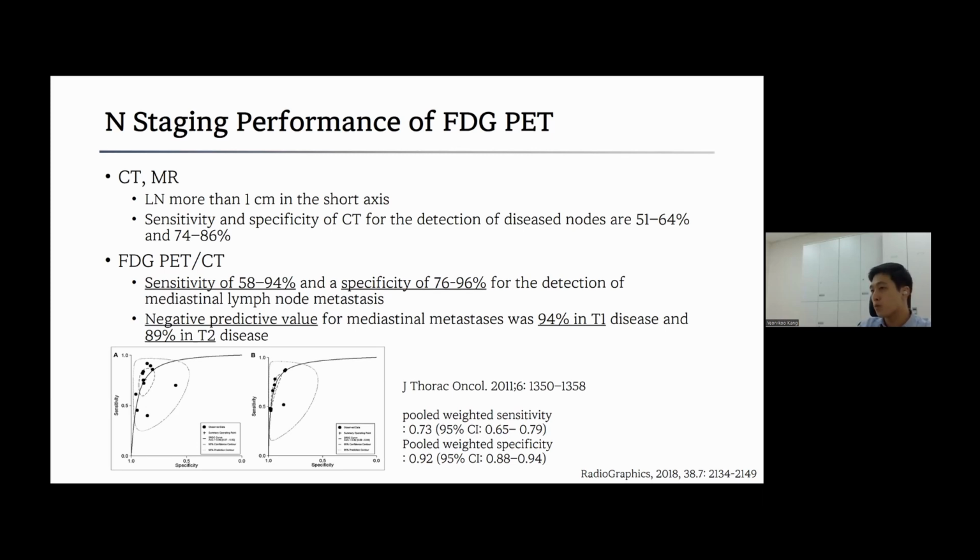Regarding the performance in N staging of lung cancer, FDG-PET is well known to have a higher accuracy in comparison with contrast-enhanced CT, in both specificity and sensitivity.